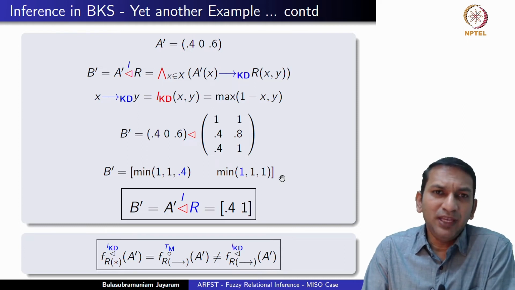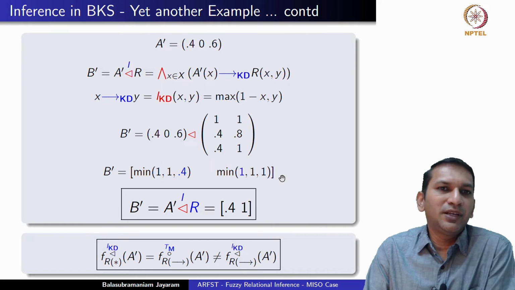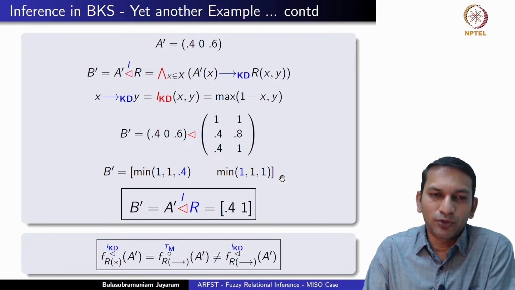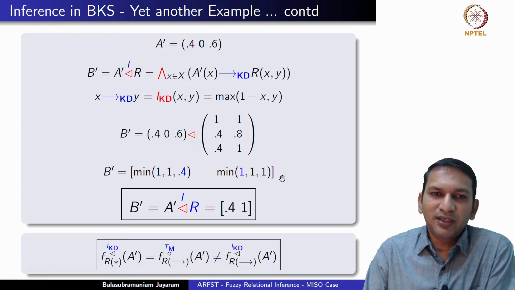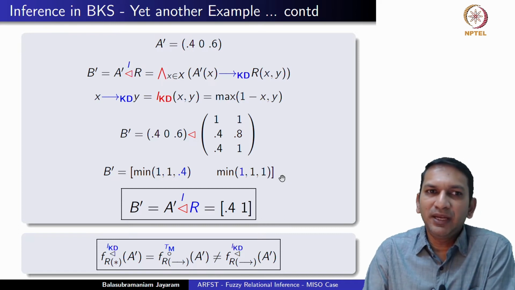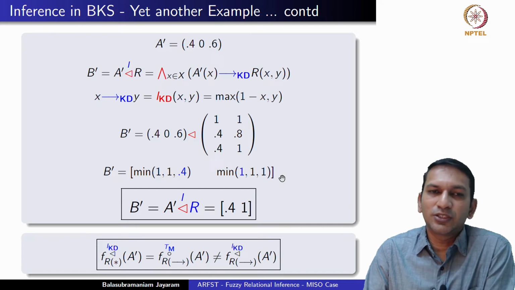This spawns many questions. A few of them definitely we will be addressing as we go forward. Well, this was just to illustrate that for a given A dash, the B dash is not unique. It depends on so many operators that you use. So the degree of freedom is quite a lot, and it depends on the choice of operators that you have.